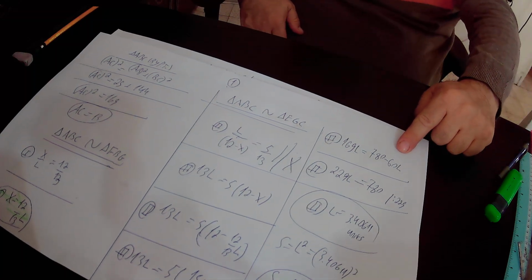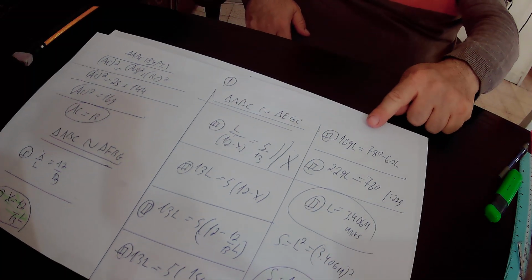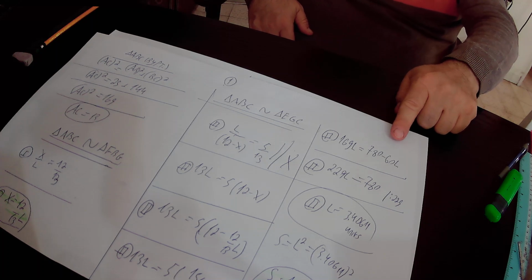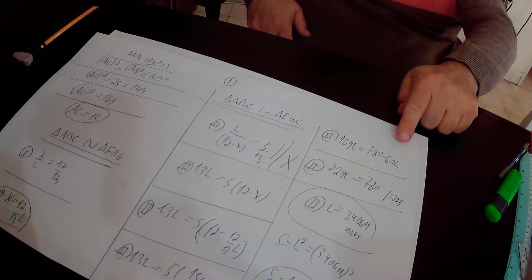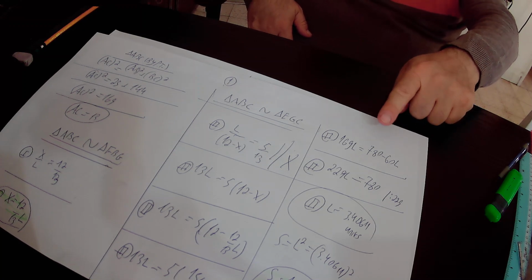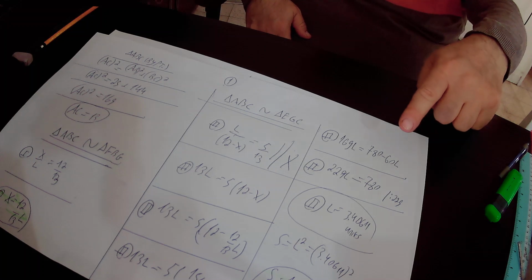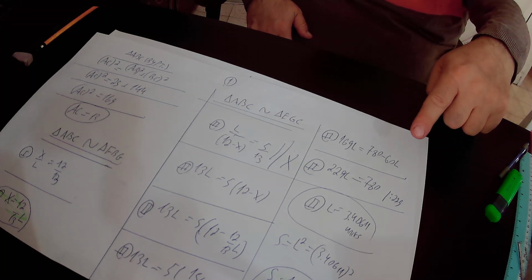So in conclusion, we found out that 169L equals 780 minus 60L. Here we added 60L to this equation and found out that 169L plus 60L is 229L. So 229L equals 780.